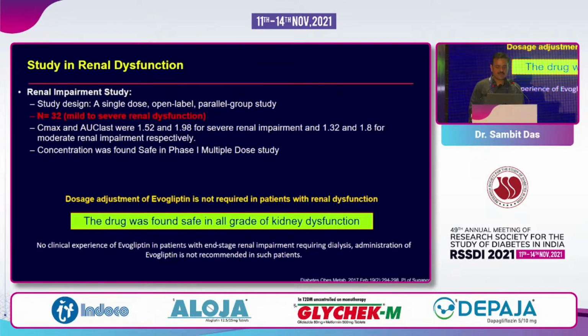So the concentration was found safe in the phase 1 multi-dose study also, and for all practical purposes the drug was found safe in all grades of kidney function, but there was no good data to support its use in end stage renal disease or people on dialysis, so it should not be used in those groups of patients.